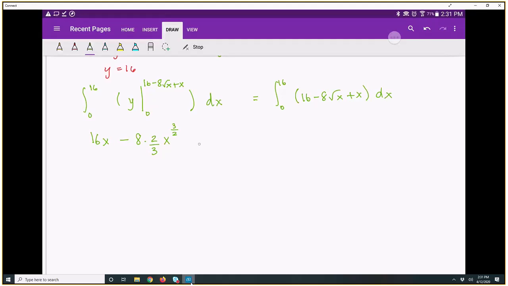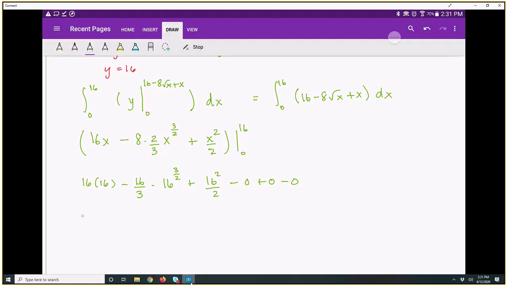And lastly, the antiderivative of x gives me x squared over 2. And now this I'll evaluate at 0 and 16. So I have 16 times 16 minus 16 over 3 times 16 to the power 3 over 2 plus 16 squared over 2. And then, of course, I would subtract 0 plus 0 minus 0.